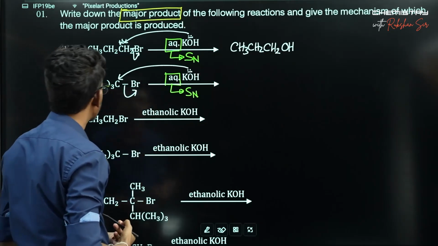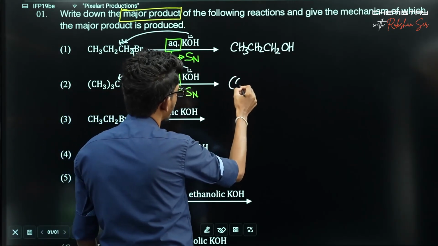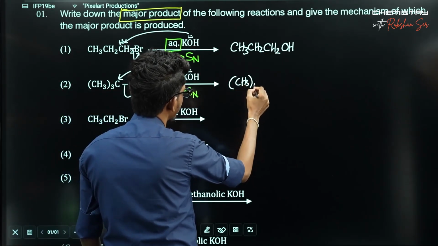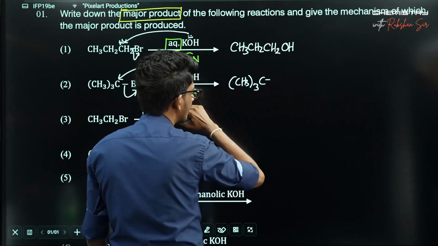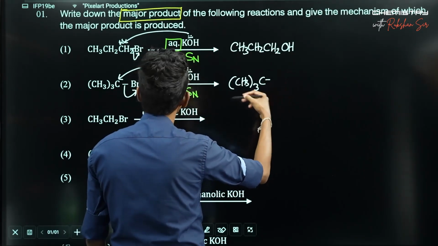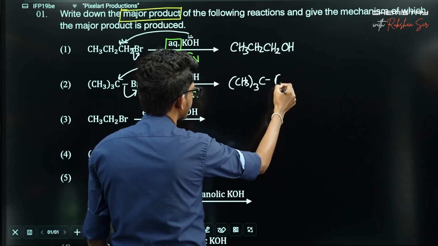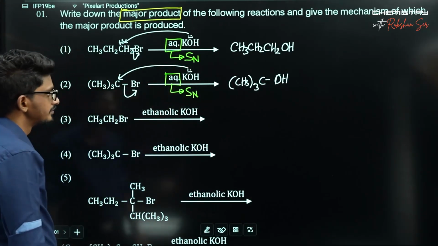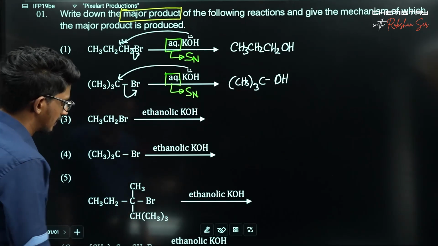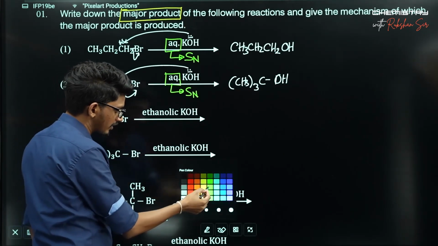Anyhow, this is the possibility. We have to decide whether the one step or two step mechanism will occur. We'll decide that later. First of all, let's try to come up with the major products here.